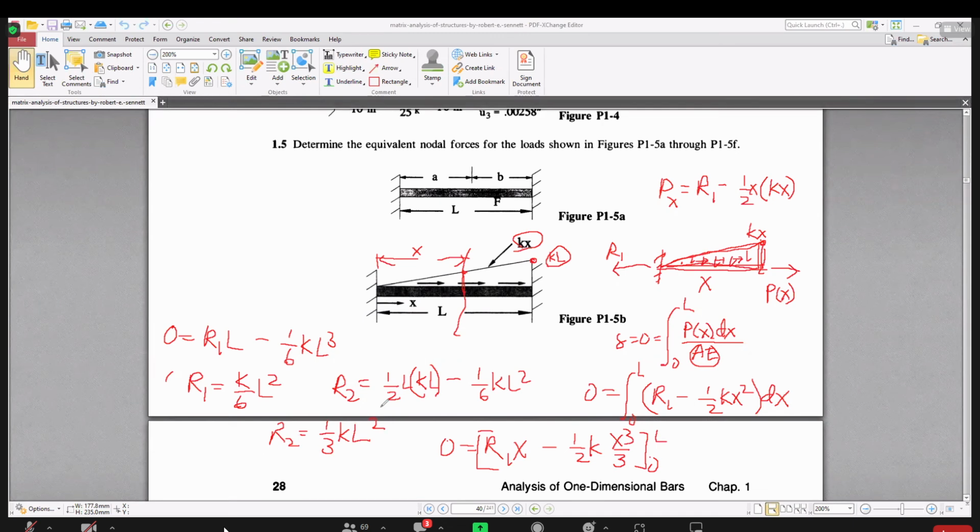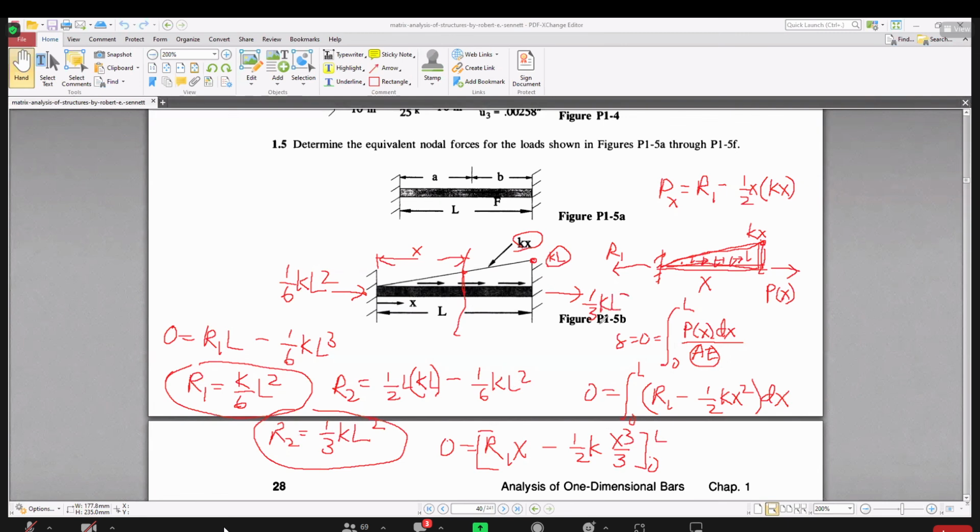Okay. The total is 1/2 L times kL. Good. This one is 1/6, from 1/2 kx cubed over 3. Okay, so now these are your fixed end forces, your nodal forces. This should be 1/6 kL squared, and this should be 1/3 kL squared.